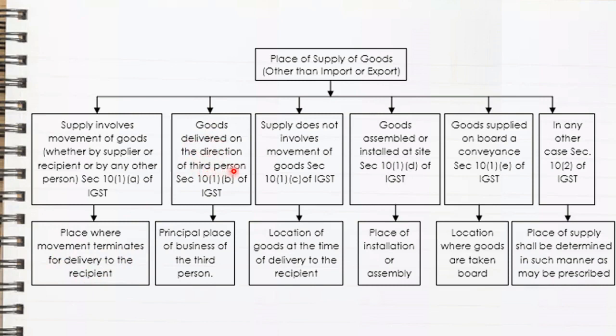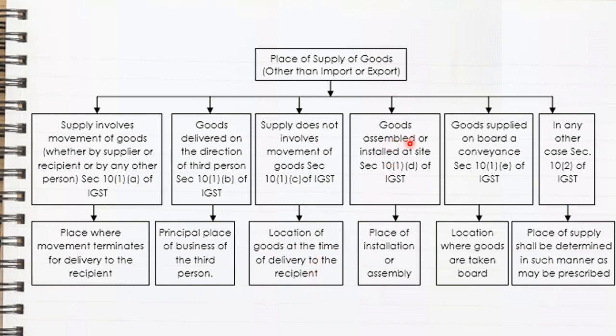Now if there are three persons involved in a transaction, here the place of supply will be the principal place of business of the third person. The third rule is supply does not involve movement of goods. Here the place of supply will be the location of goods at the time of delivery to the recipient.